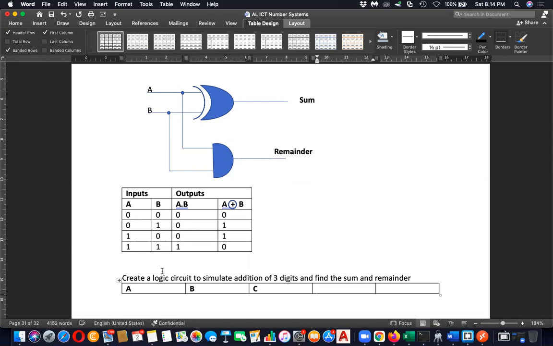Then the sum and remainder. Complete this truth table. You have 3 inputs, A, B, C, and the sum and the remainder. Complete and draw the circuit.